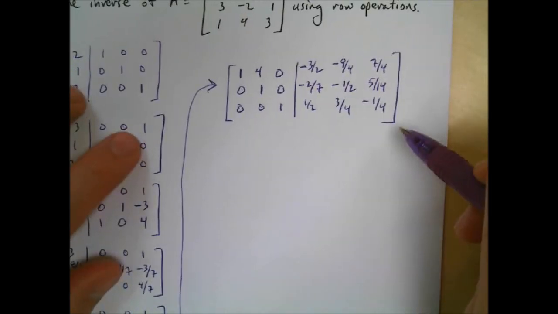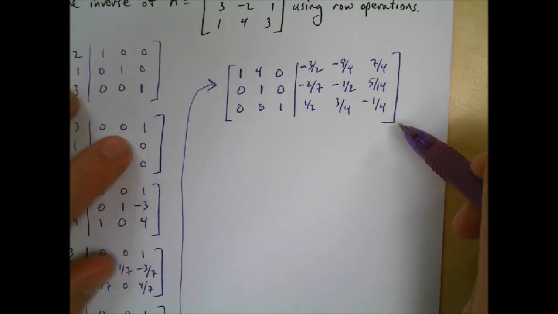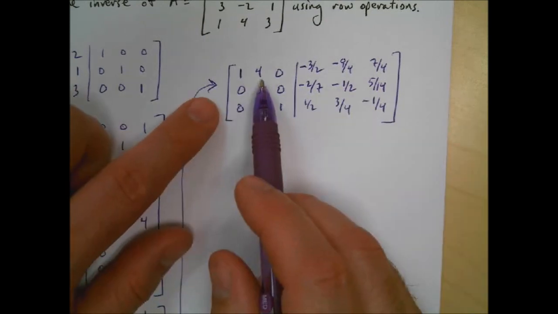Okay, I think that's probably about the hardest row. The only thing we have left to do now is to get that top middle term to become a 0.